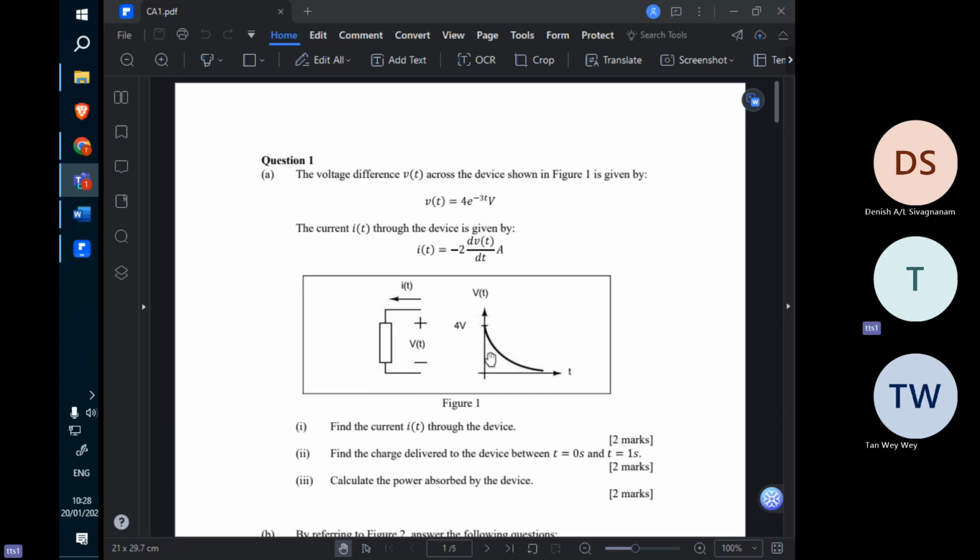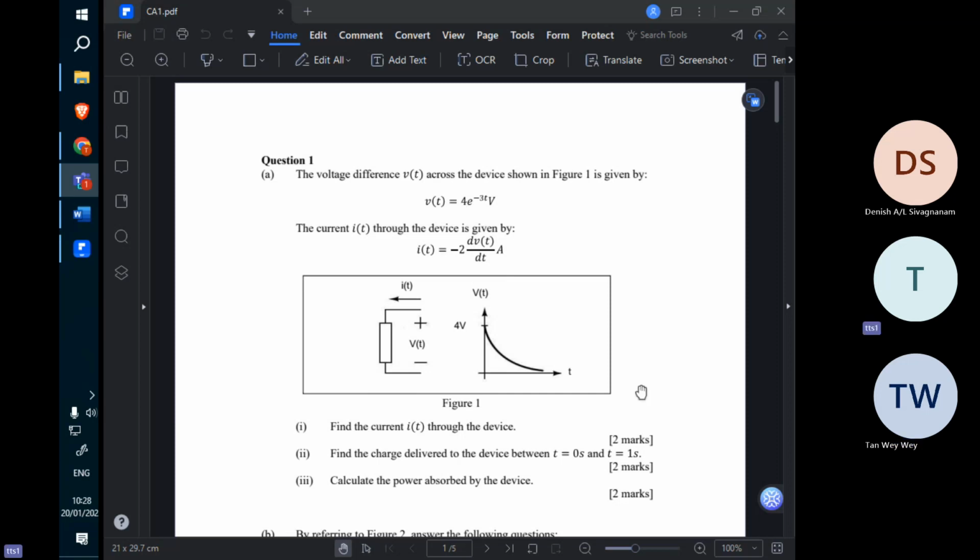Initially when the time is 0, you'll get the maximum, 4. When the time is 0 here, you will get the voltage of 4. It can be calculated when you place a 0 here: 4 times e to the minus 0, you get 4.